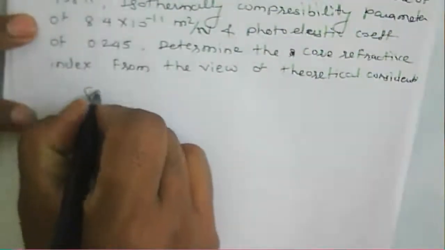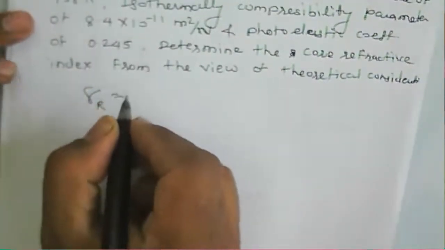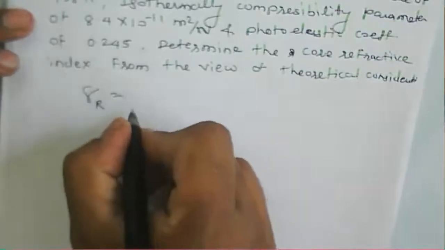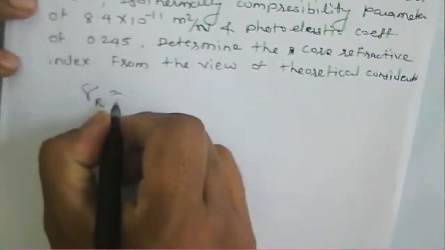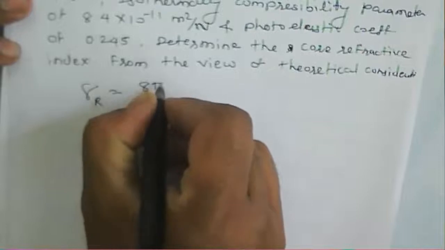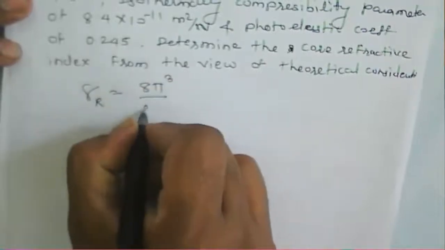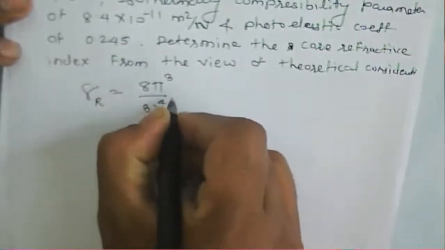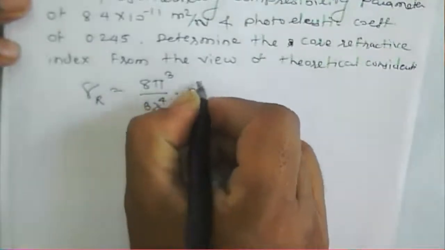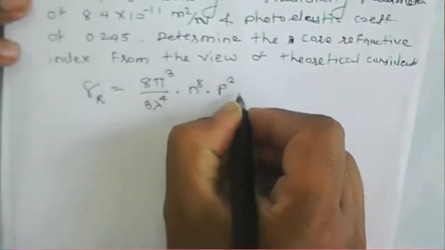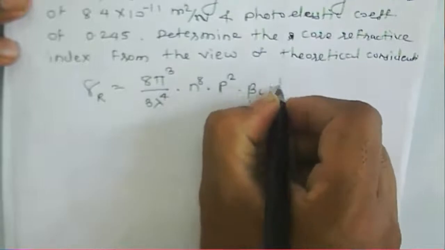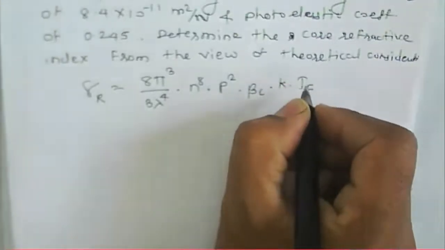We need to know the Rayleigh scattering equation: Rayleigh scattering gamma R equals 8 pi cube by 3 lambda raised to 4, n raised to 8, p square, beta c, k and Tf.